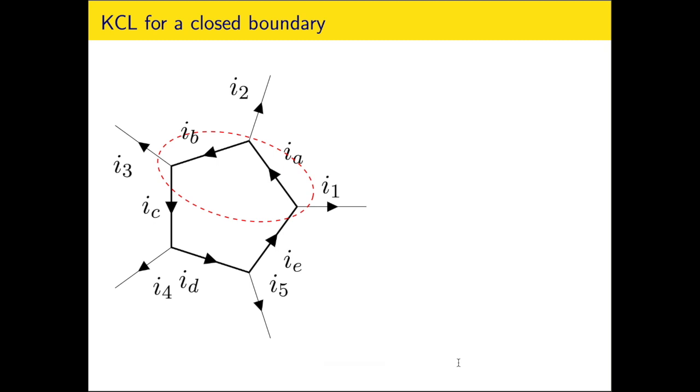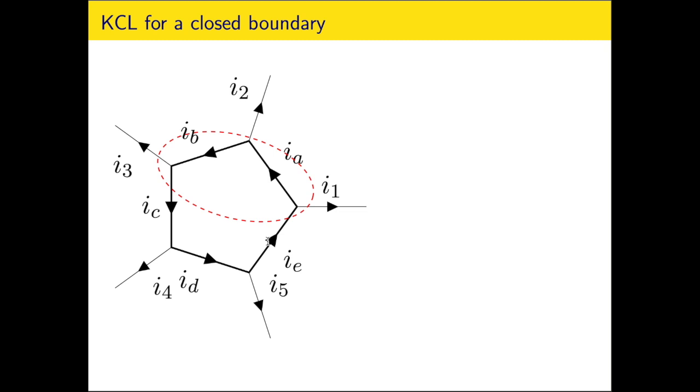Now this is applicable to a closed boundary as well. This is the section of a circuit which has been taken, and a closed boundary is marked with a red dotted line. KCL holds true for this junction, this junction, and this junction as well. However, KCL also holds true for this closed boundary.